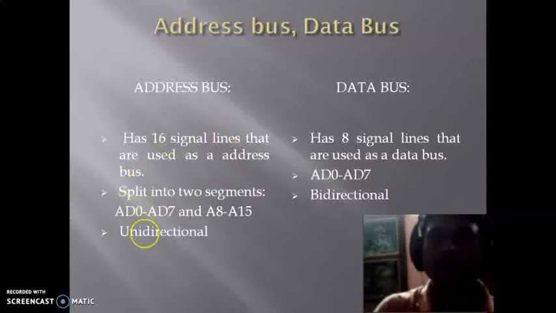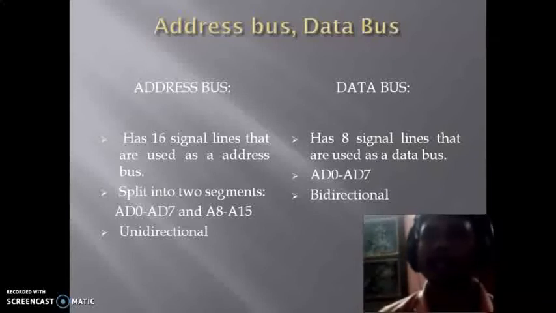And this is a unidirectional bus, meaning the address goes in a single direction, because if the microprocessor wants to address any input output device or memory device, it will send the address to the peripheral device or memory device for the addressing. So that's why it is unidirectional.